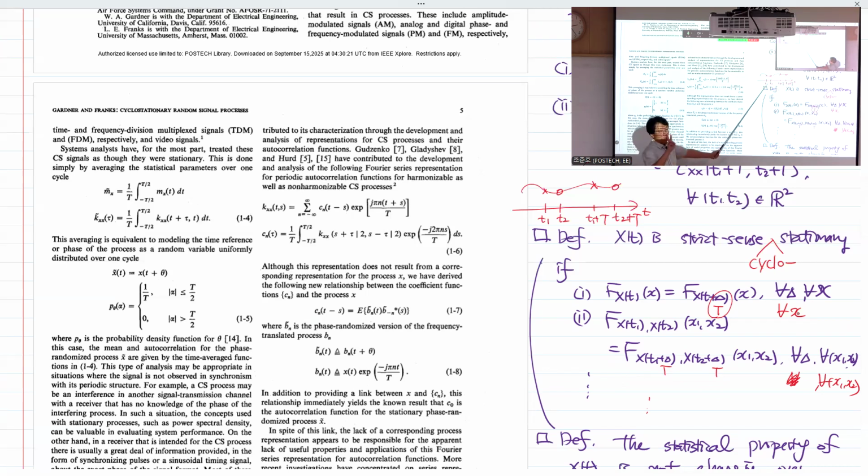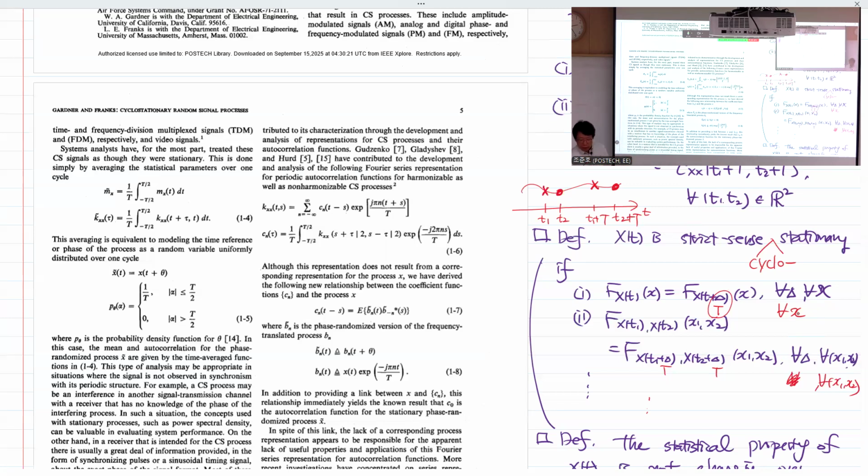Similarly, now you choose 2 points and you translate by capital T. So now consider the joint CDF of these 2 random variables. And this joint CDF is the same as that joint CDF when you sample at T1 plus capital T and T2 plus capital T. Not for just arbitrary delta, but for integer multiples of T. Got it?